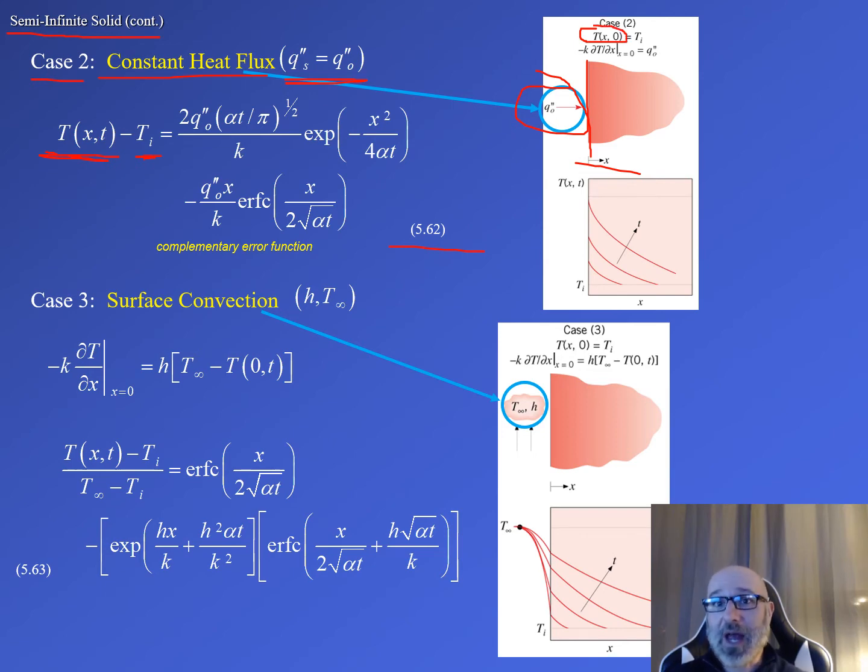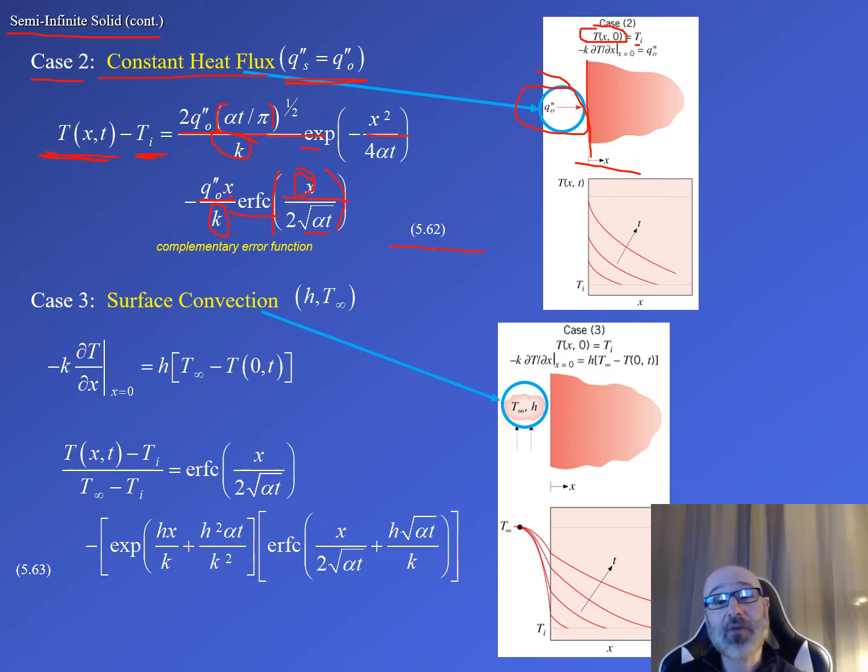So the temperature at any position x at time equal to 0 is our initial temperature. The temperature minus the initial temperature is equal to 2 times our heat flux times the square root of alpha t over pi, all divided by our thermal conductivity k, times the exponential of negative x squared over 4 alpha t, minus our heat flux times our position x divided by the thermal conductivity, times the complementary error function of x divided by 2 times the square root of alpha t.